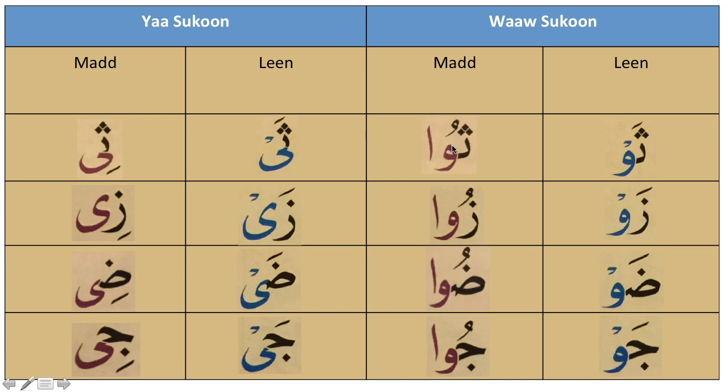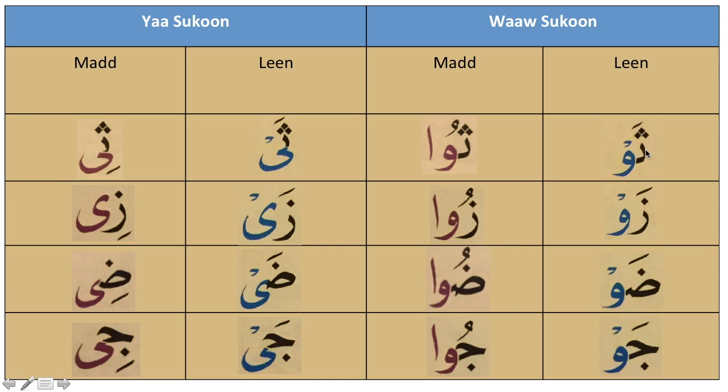But if this was tha dhamma waw sukoon, this is how you would say it. Tha dhamma waw sukoon, thu. This is thaw and this is thu. Thaw versus thu. Notice the fatha, we have to pronounce the fatha.